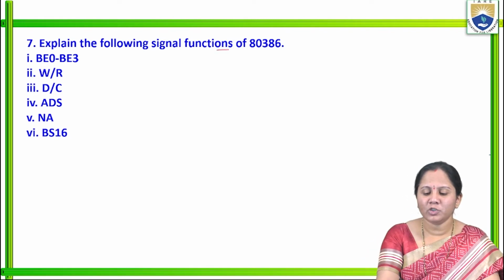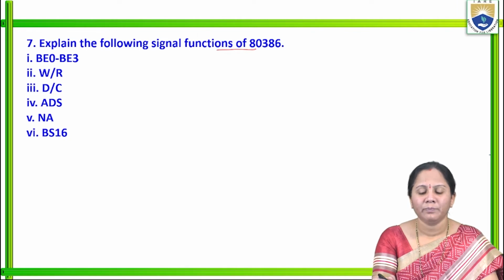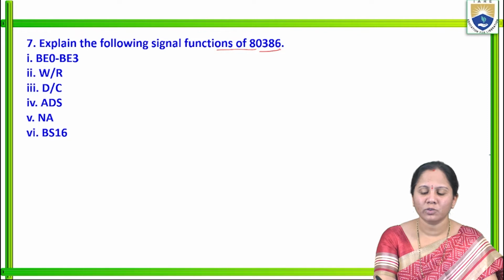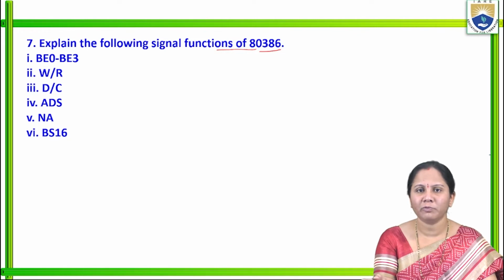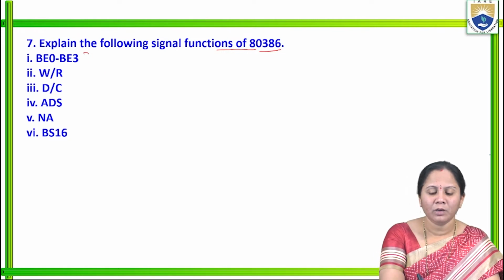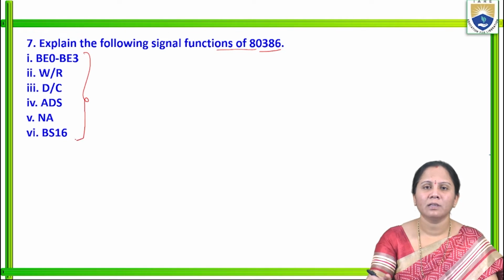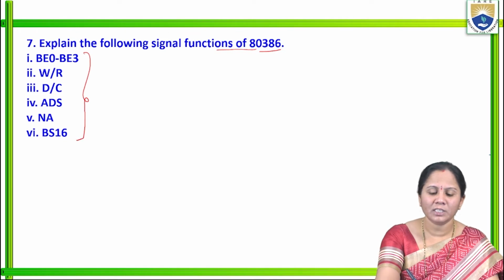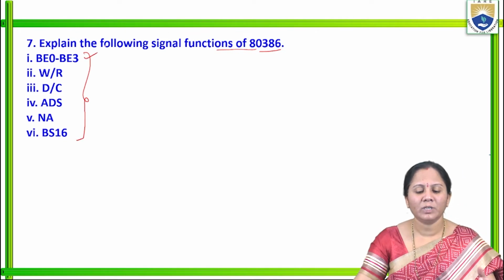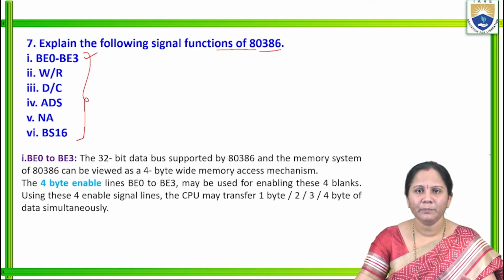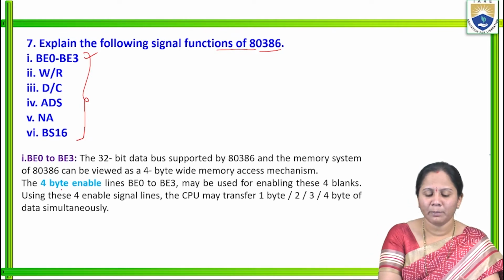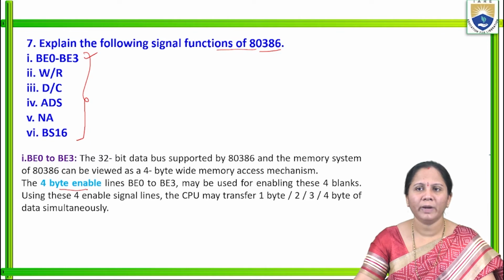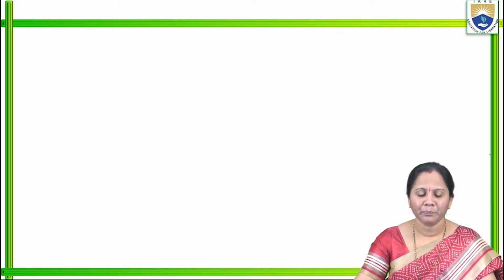And explain the function of the signals that are present in 80386. So generally it consists of a large number of pins, but here the function of these pins is asked. So here, of the 6 pins, the first one is BE0 to BE3. So they represent byte enable. So 4 byte enable signals will be there.